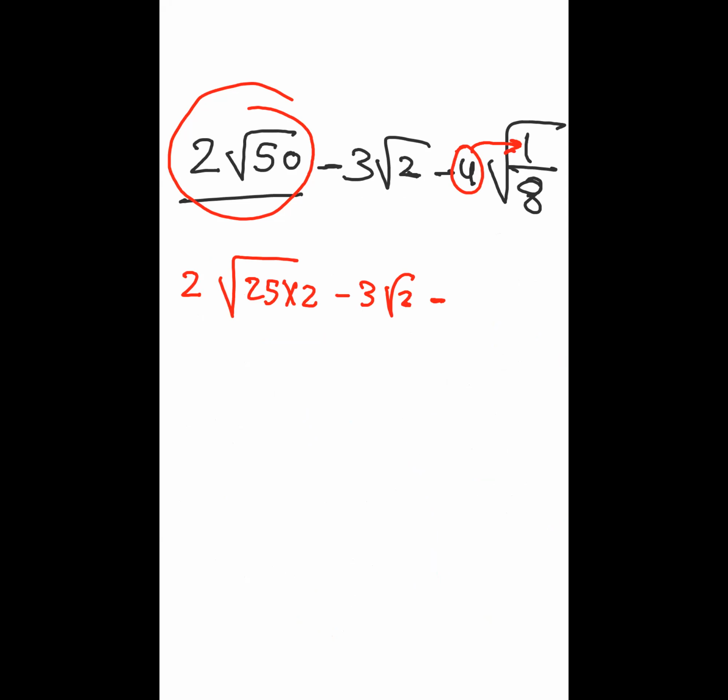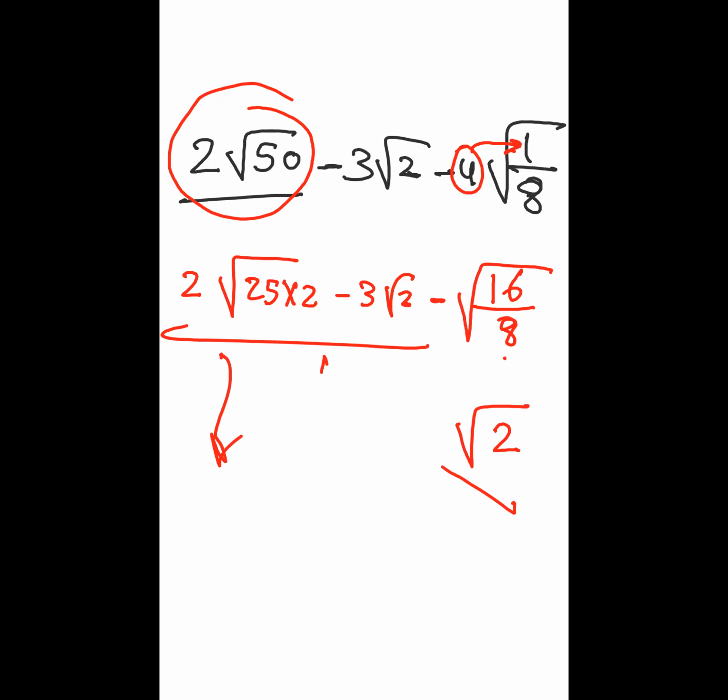So 4 squared, which is 16 over 8, right? So simply it becomes the square root of 2. 16 over 8 means square root of 2. That's it. Then the other solution steps normally.